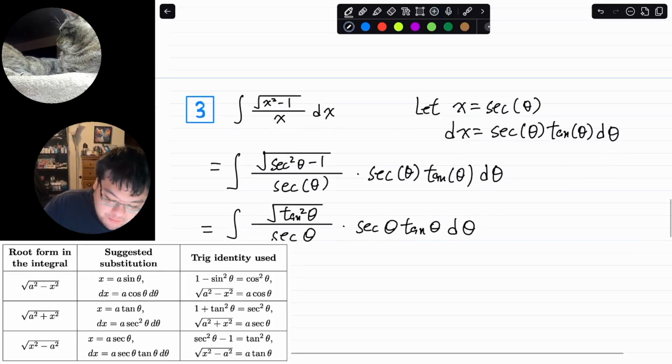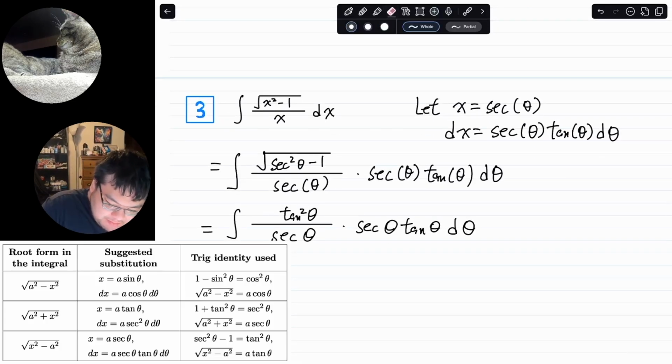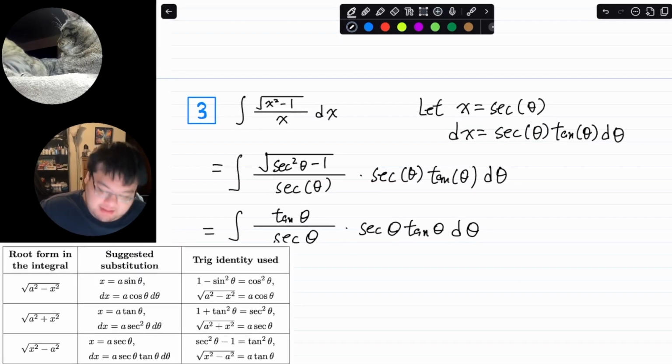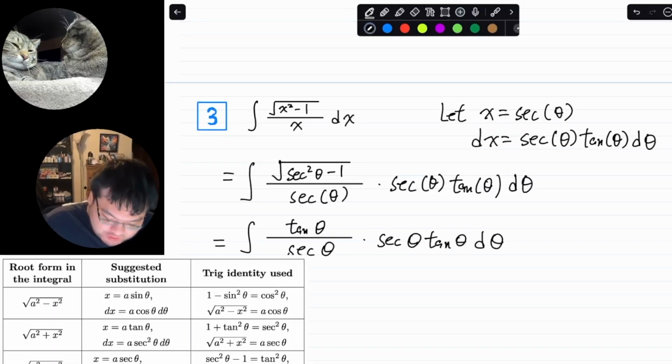Okay, so now let's just erase the square root and the square. They eliminate each other. So we can do some eliminations. So secant and secant, they cancel out. So we have just tangent squared.